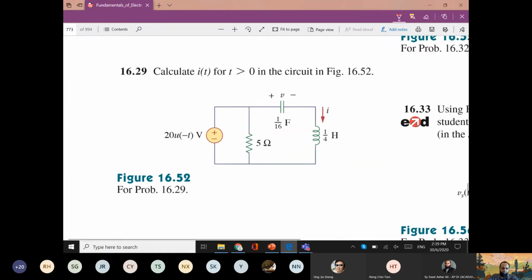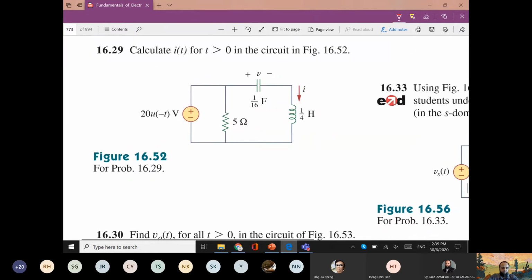Okay, what do you see here? What's maybe new that we have not seen so far? Anyone? What's something new here? So it's u minus t. U of minus t. Very good.